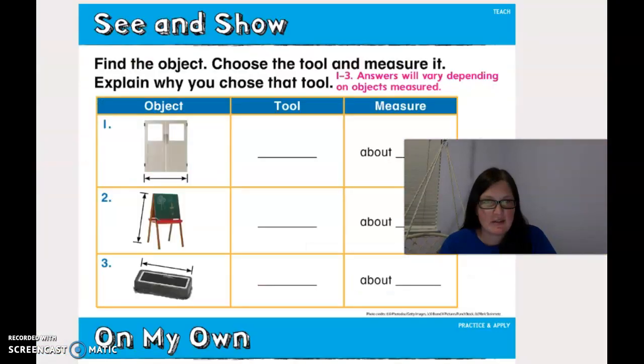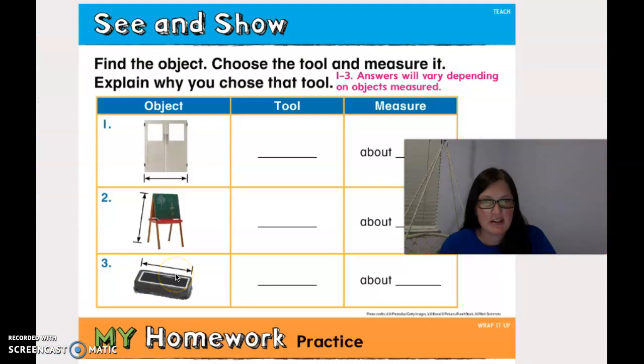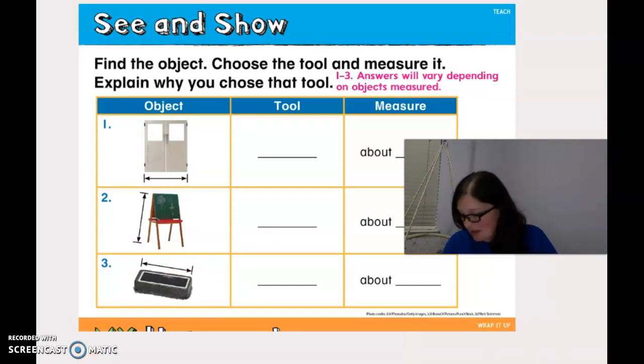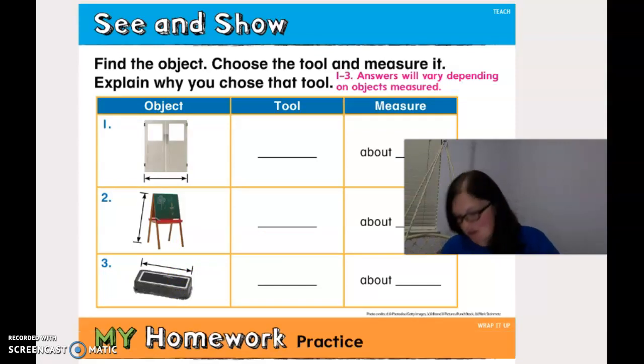Yours, you're going to be doing the homework page. It says homework, but it's not showing it. Anyways, you're going to be doing the homework page, and it has you measure a car. You can go out in the driveway and measure your car. It says to measure a shoe, and a fork, and a table. Those are all things you should have around your house.